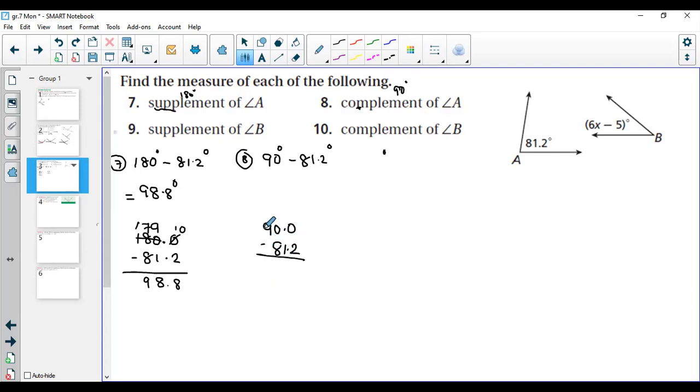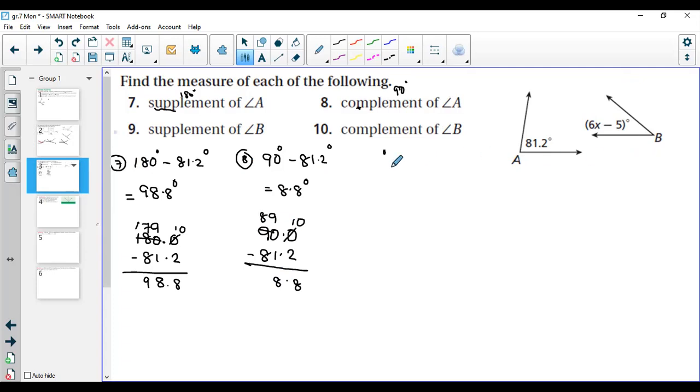We are subtracting decimals. Wait, it's 81.2, right? Let me write it clearly. 90.0 minus 81.2. This is going to be 10, this is going to be 89. So that will give you 8.8 degrees.